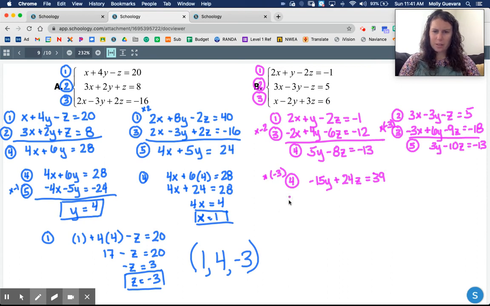Okay. Then for 5, I'm going to multiply 5 times, not negative 5, positive 5. And that'll get me 15y minus 50z equals 13 times 5 is negative 65.